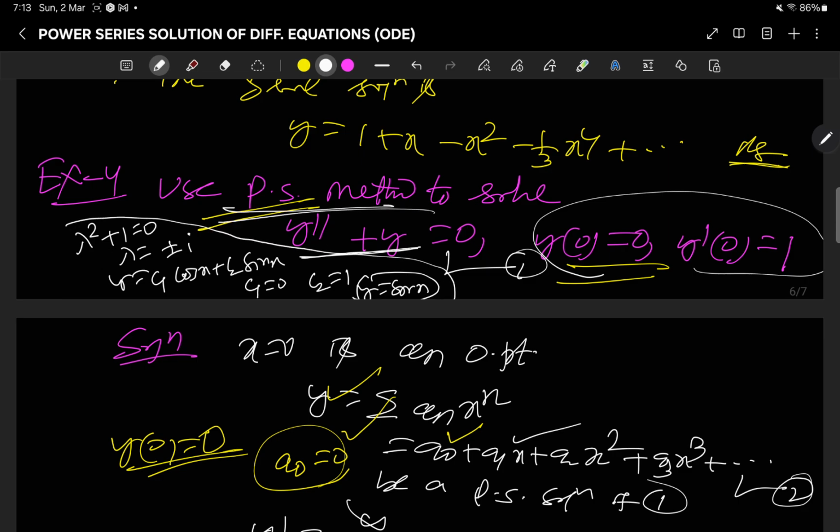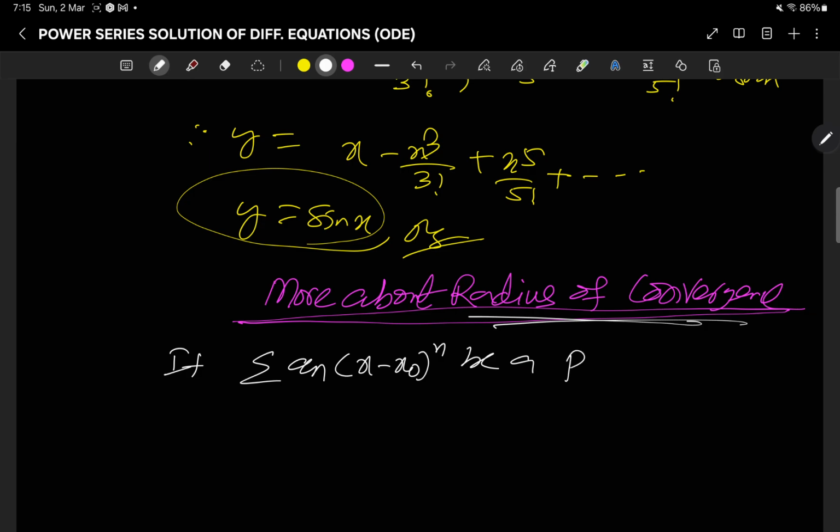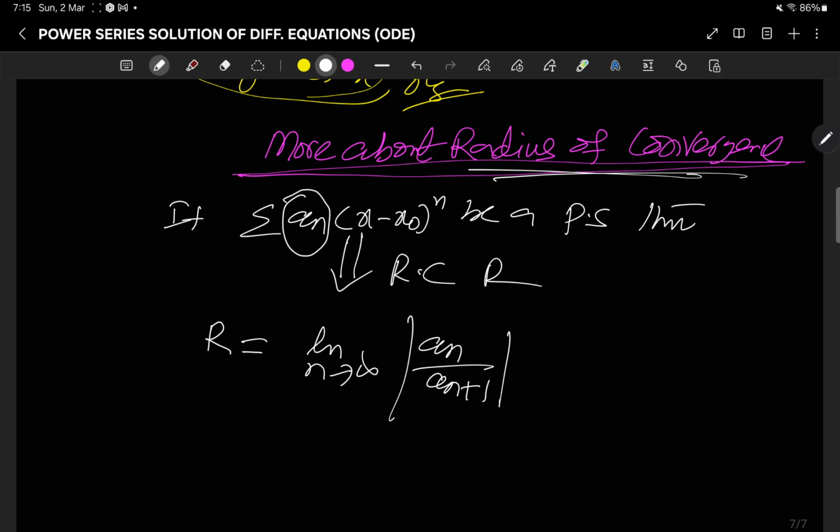Okay, so let me tell more about the radius of convergence to conclude this lecture. Now coming to the radius of convergence, if summation an (x minus x0) to the power n is a power series, then the radius of convergence r is given by r is equal to limit n tends to infinity of mod an by a(n plus 1), where this an is the coefficient.